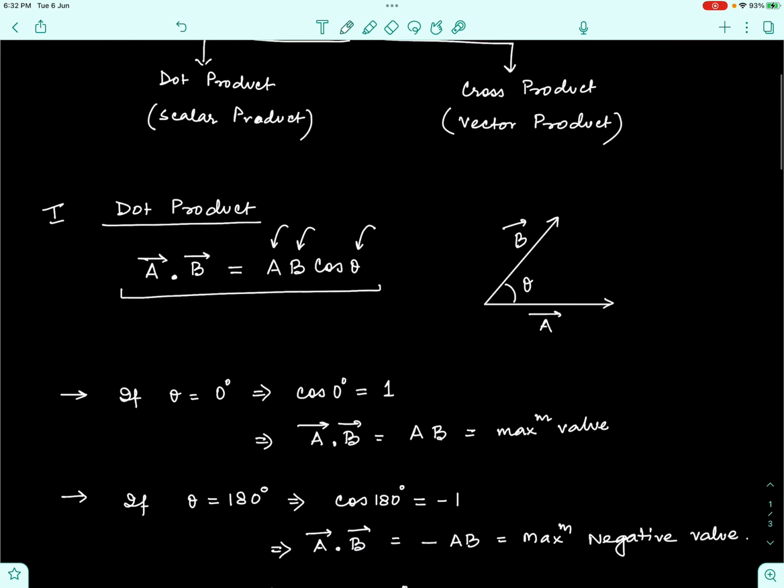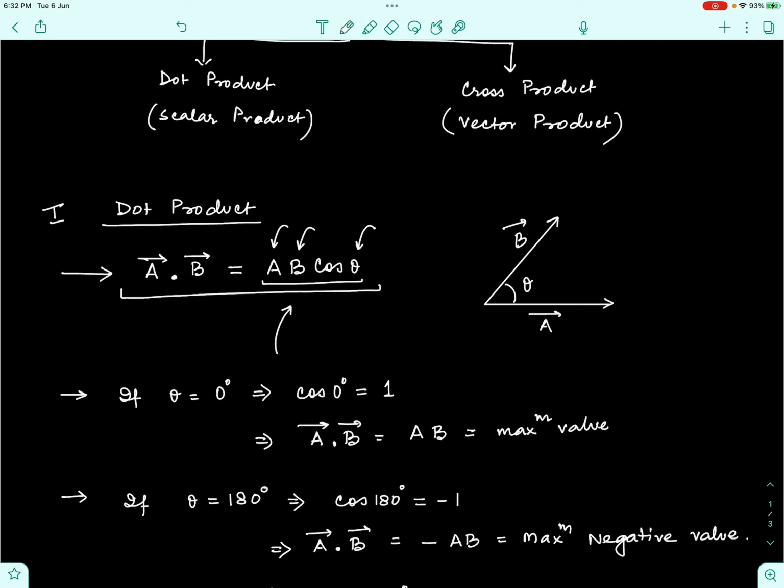Now, as we look at the defining expression for dot product, do you see that as we write the dot product A dot B as A B cos theta, all the terms on the right hand side are scalars. These are magnitudes. Magnitude of vector A into magnitude of vector B into cos of an angle, which will also just be a number, right. So, everything on the right hand side is a scalar, and since we are taking their product, the product will also be a scalar.